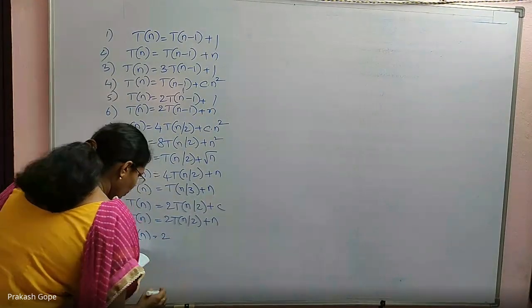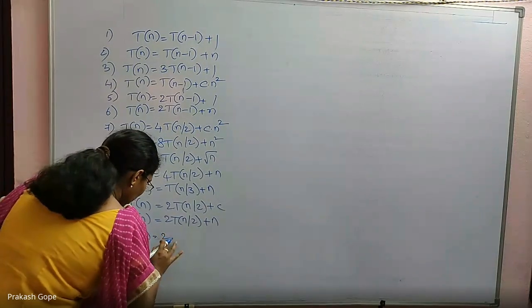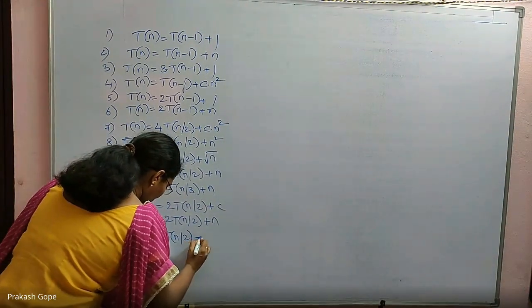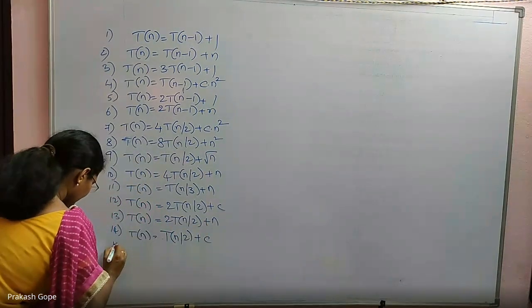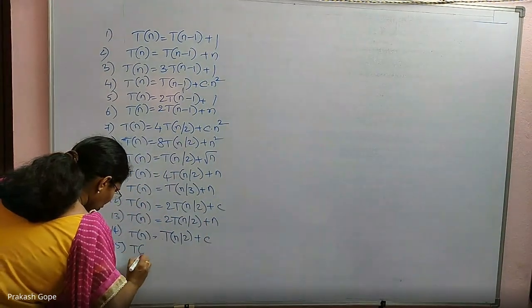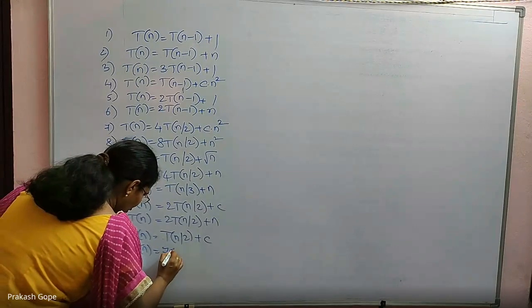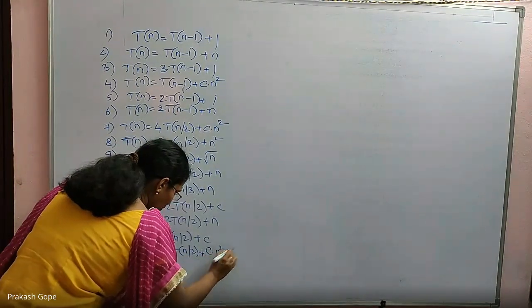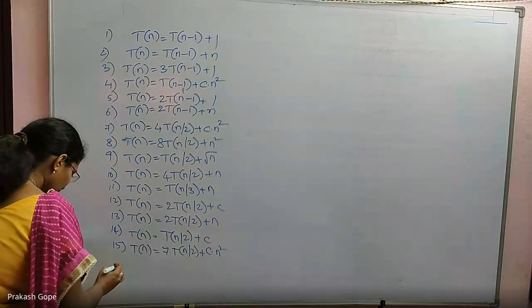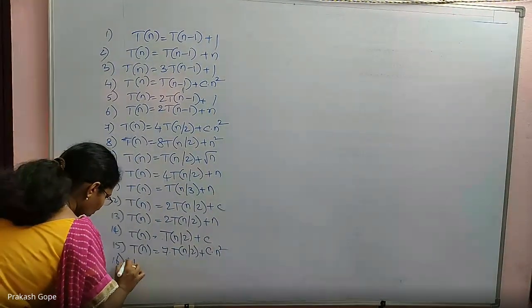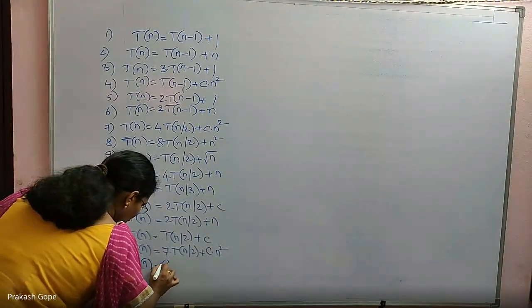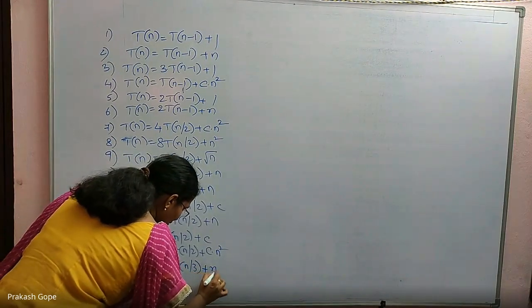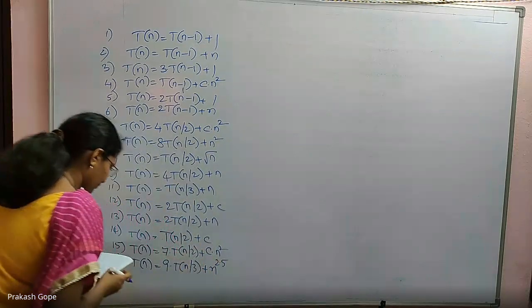T of n by 2 plus c. T of n is equal to 7 into T of n by 2 plus c into n square. T of n is equal to 9 into T of n by 3 plus n power 2.5.